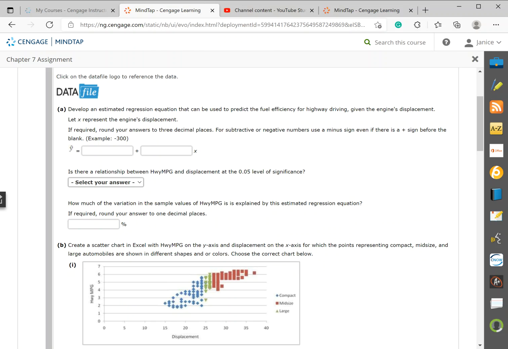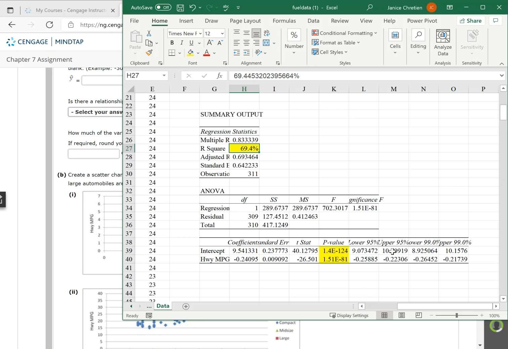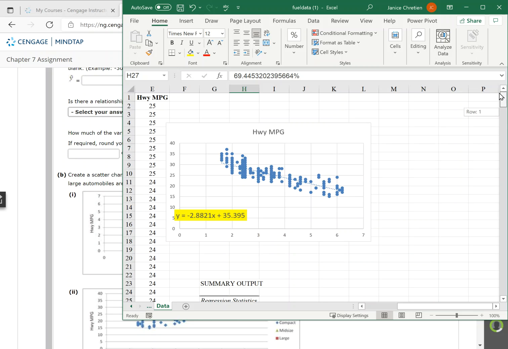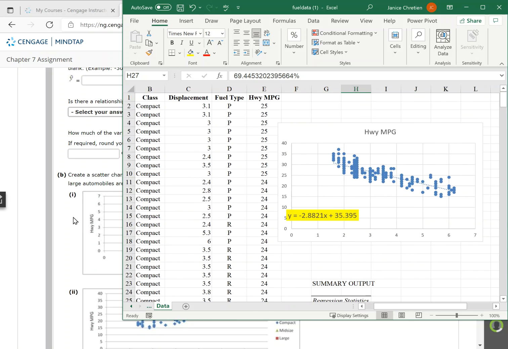And it wants 1 decimal place. So we'll give it 1 decimal place. Okay, so it's 69.4%.